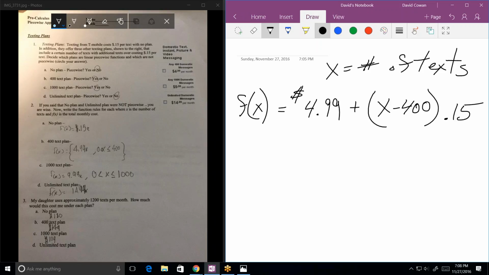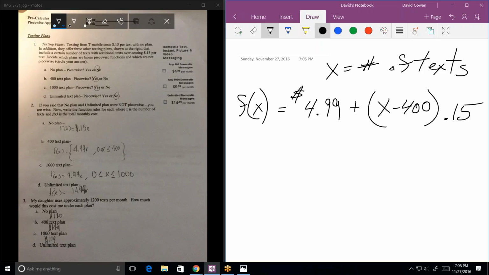Right. Okay. That's the way you always want to look at these problems, is after you come up with what you think is the correct answer, then test it in a couple of scenarios. What if x were 401? This would be perfect. We'd pay the $4.99, plus we would have one text that we would be charged for at 15 cents per text.